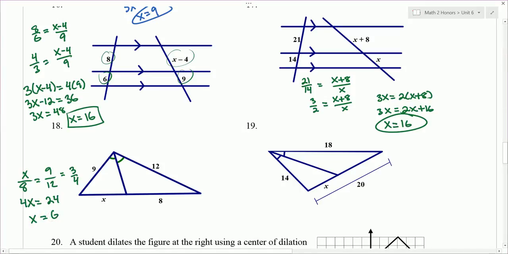And last one, number 19, we're going to set up in a similar way. Notice the full bottom length is 20. And so we're going to have 20 minus x be the length of the right side, because x plus 20 minus x adds up to 20.